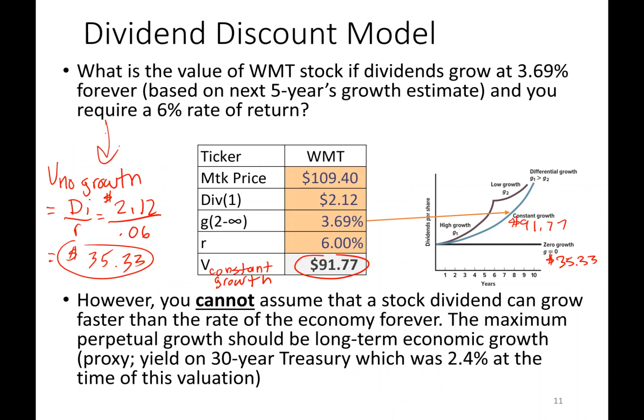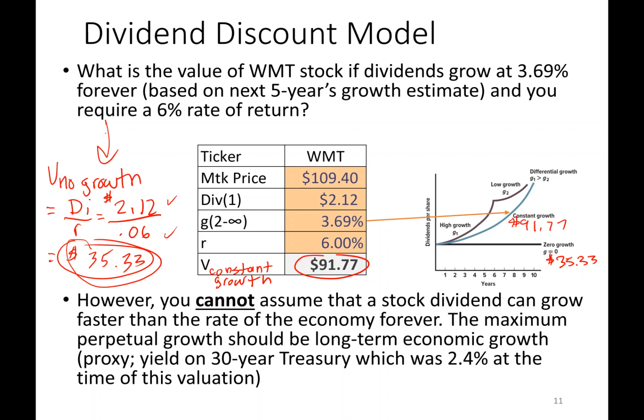If I demand a 6% return for Walmart and it's going to pay me $2.12 starting 1 year from now and pay me that forever, I'll just take that $2.12 divided by 6%, and Walmart's intrinsic value, or the value of all expected cash flows, is going to be $35.33.